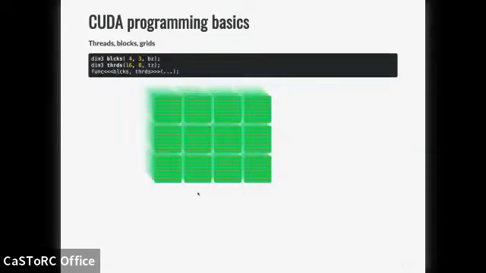So here's an example. Let's say I'm going to run my kernel on a grid which has 4 blocks in the horizontal and 3 blocks in the vertical. So in total, I'm going to run it on 12 blocks. Okay, so it's 4 by 3.